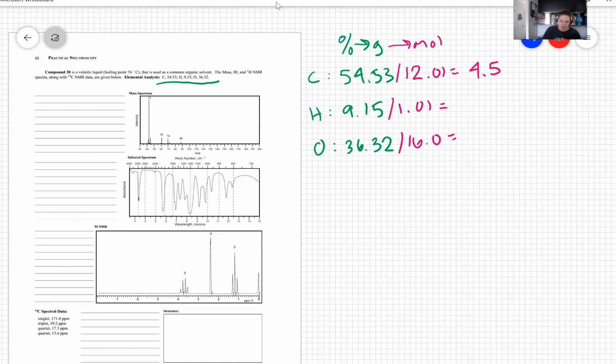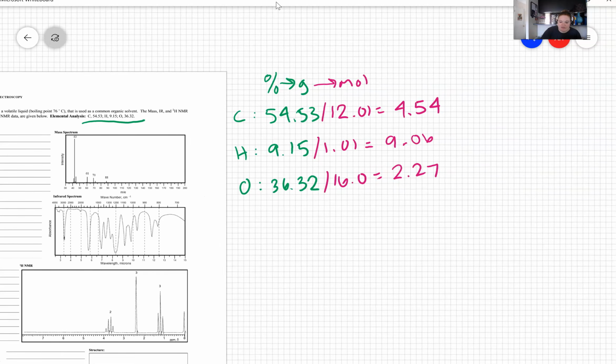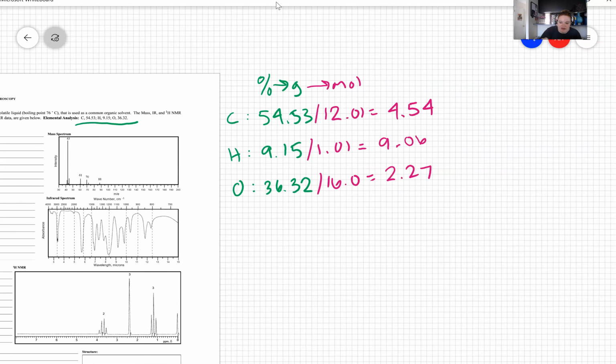I am putting 1 decimal place, but we don't need a lot of decimal places. I'm going to go back and add 1 to my carbon up there. Our next step is to divide them all by the smallest. This will get them into a nicer ratio.